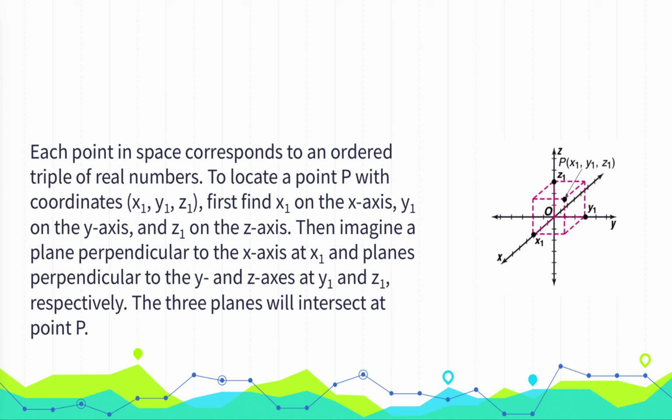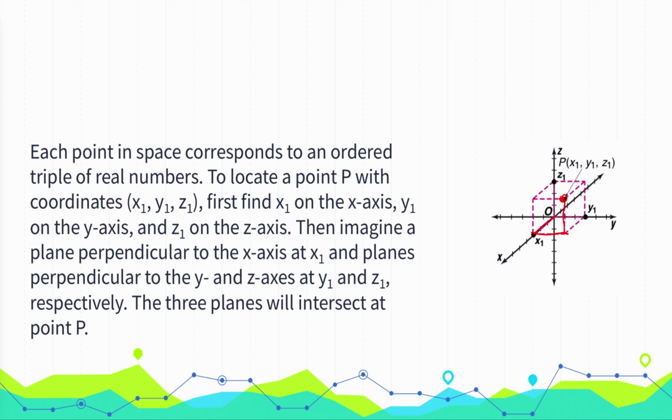Each point in space corresponds to an ordered triple of real numbers. To locate a point P with coordinates x1, y1, and z1, you go x1 units on the x-axis, y1 units on the y-axis, and then z1 units on the z-axis. And that's your point.